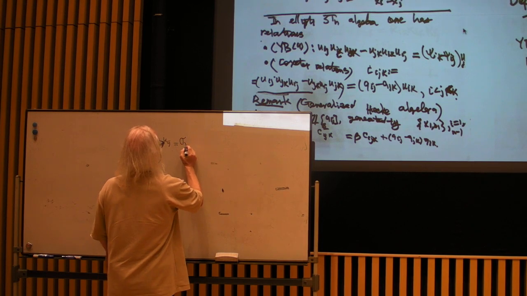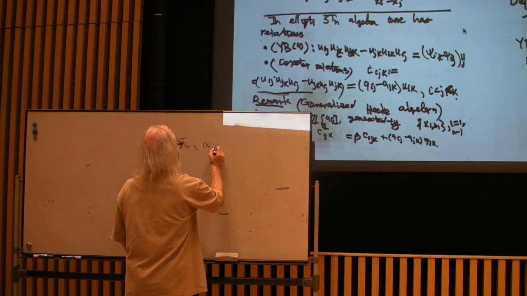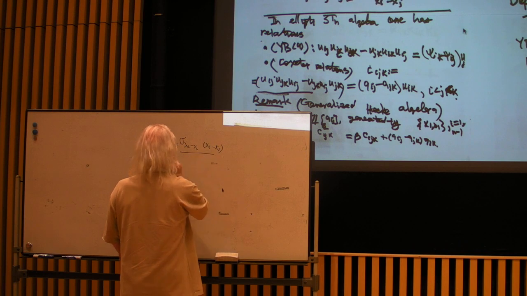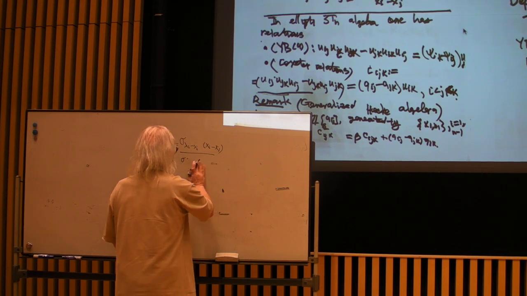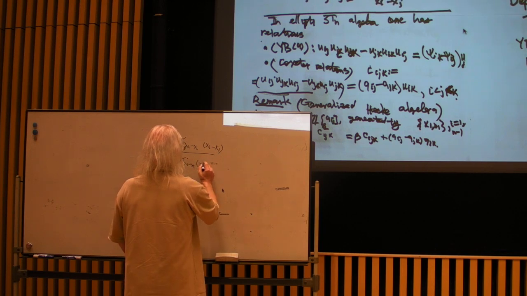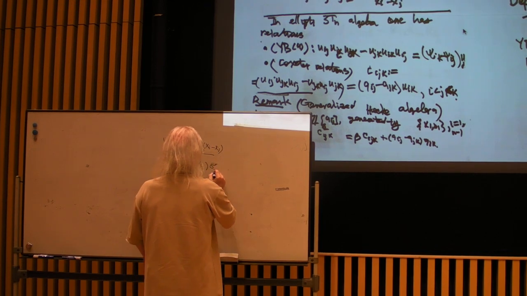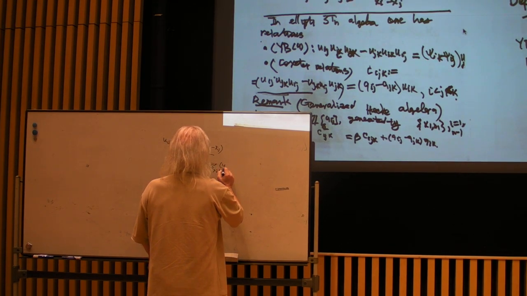Sigma. You have dynamical parameters lambda i, lambda j, and you have xi minus xj divided by sigma of lambda i minus lambda j, xi, sigma lambda i, lambda j, y.